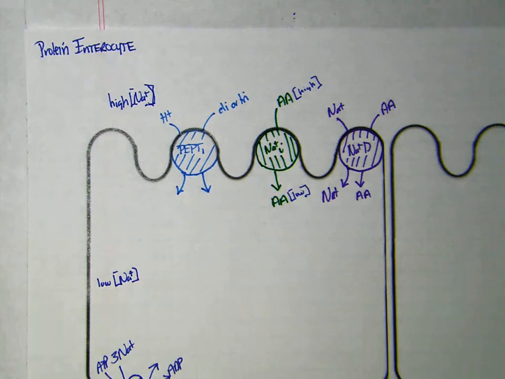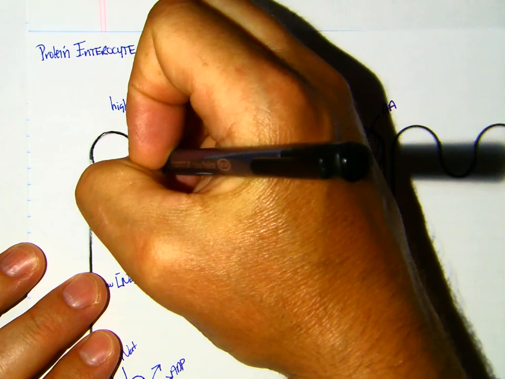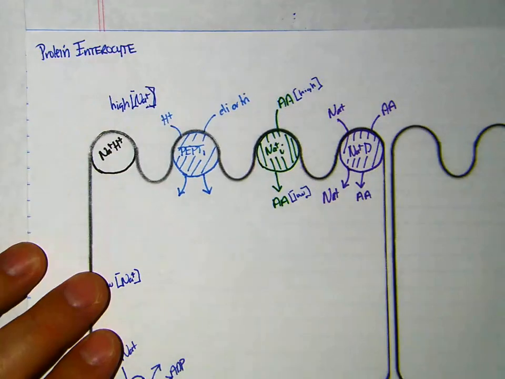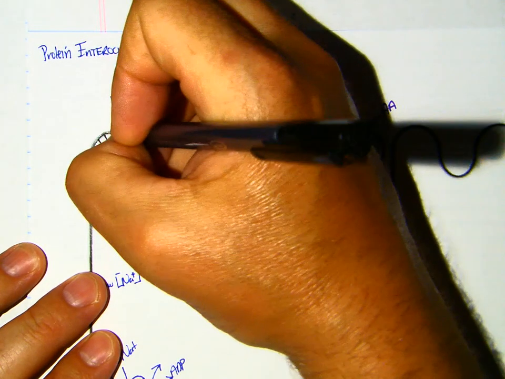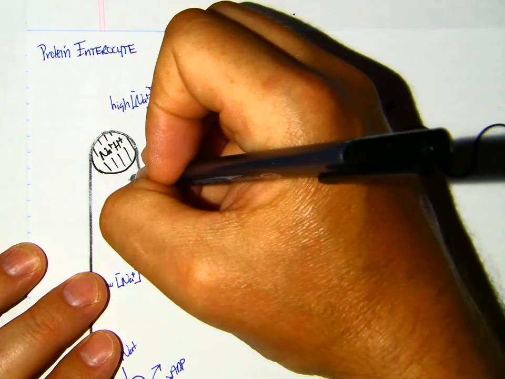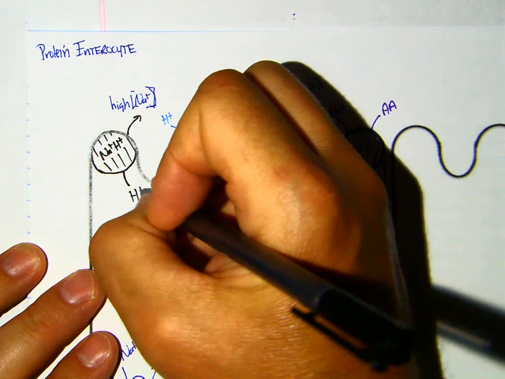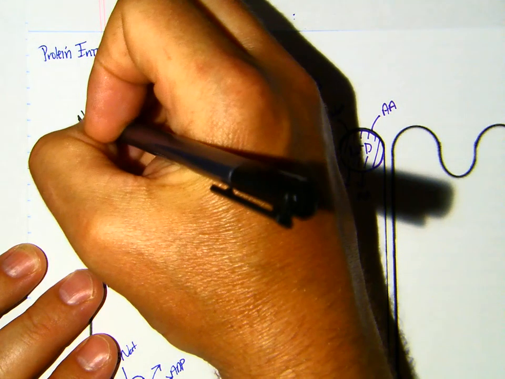We have one last transporter, and that transporter is right here, and it is a sodium proton pump, and we're going to pump this proton out at the expense of bringing one sodium in.